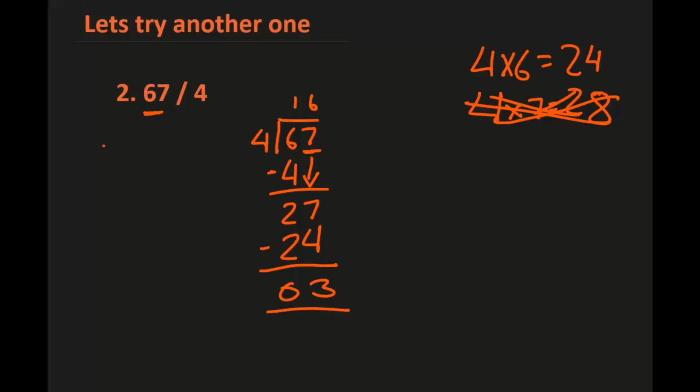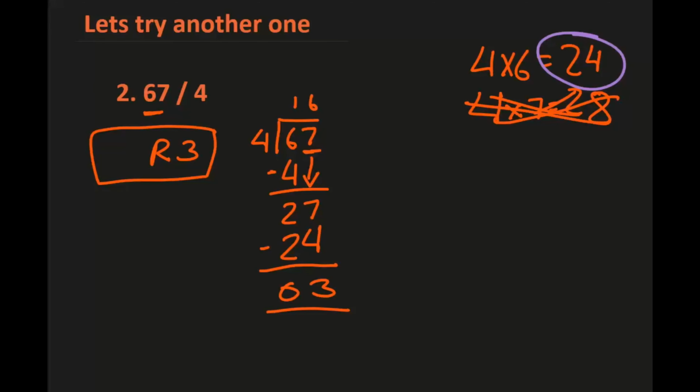So that means our answer is 24 with the remainder of 3. So we box our answer. Wait, no, not 24. Our answer is not 24. I got it confused, sorry about that, with the number over here.